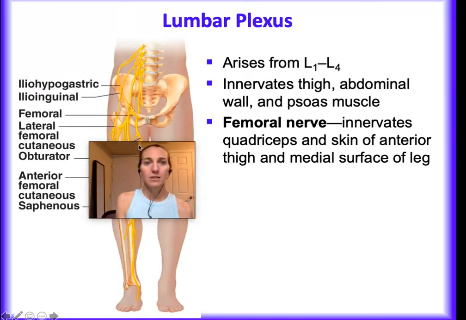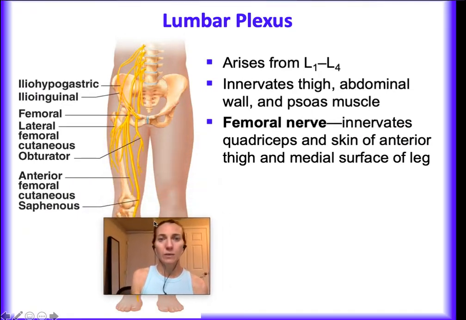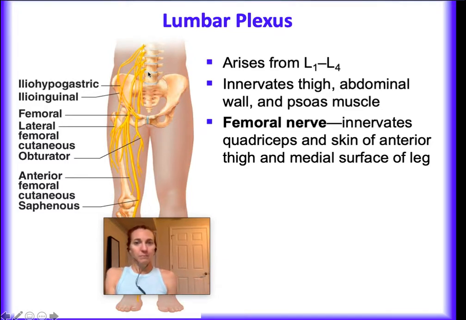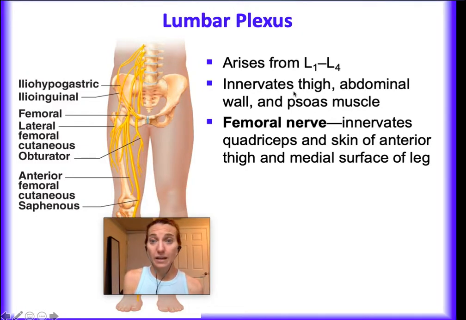Lumbar plexus, so as the name implies, we are in the lumbar region now. So this is going from L1 to L4, the first through the fourth lumbar vertebrae. And you see that the various nerves from this plexus are going to innervate or stimulate muscles in the thigh, the abdominal wall, as well as the psoas, one of the major deep hip flexor muscles.